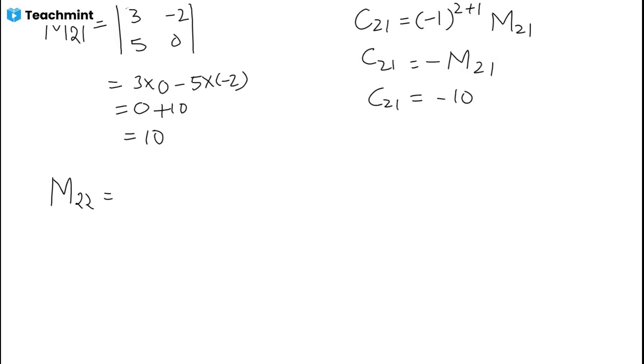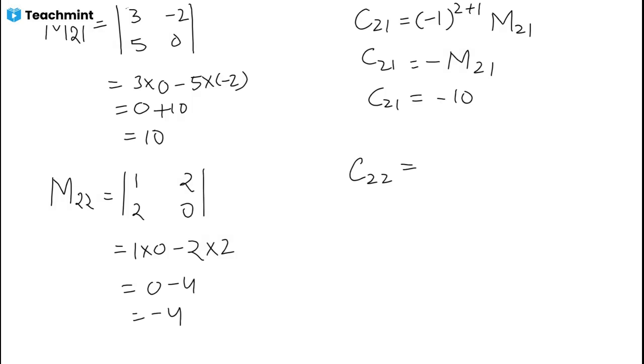Leave the element of second row and second column. So second row and second column: 1, 2, 2, 0. So 1 into 0, minus 2 into 2. 0 minus 4. We have minus 4.